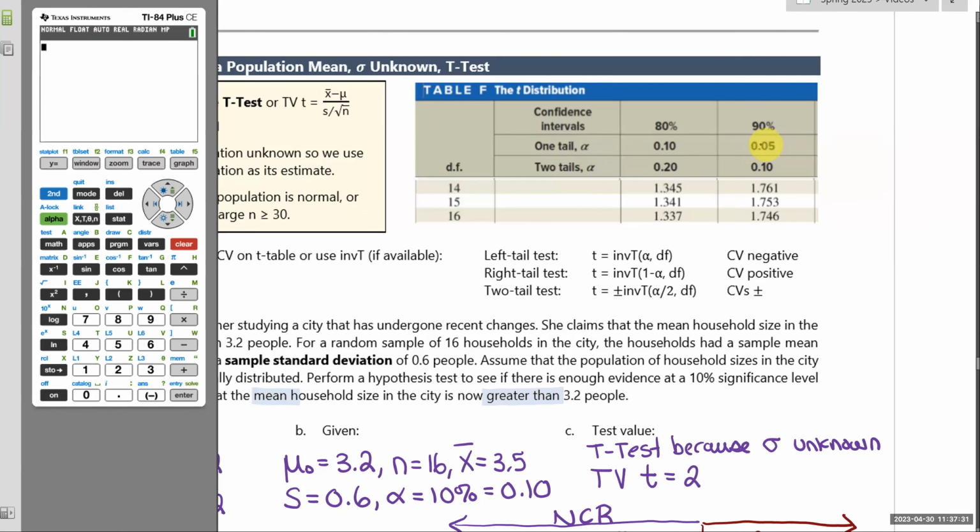That's not the one we want because we're doing a two-tail test. I don't have a whole table over here. You'd have to come over to another column. You'd be looking for two-tail alpha. So it's important that you're looking at, for a one-tail test, all your alpha there. For two-tail tests, you're looking in that row, right? Or you can use your calculator.